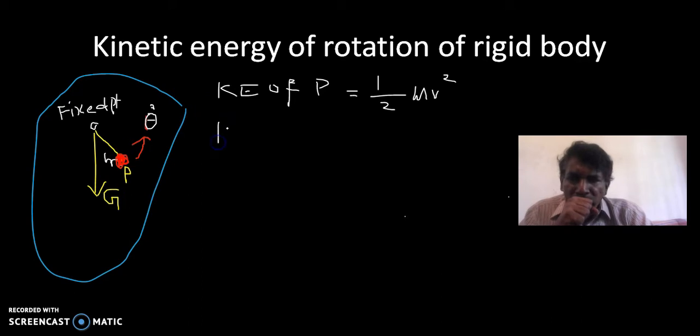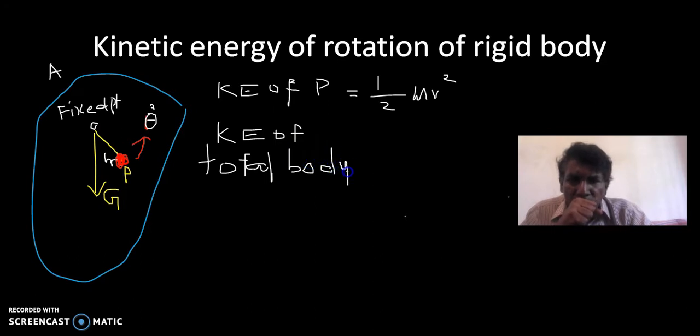Now what would be the kinetic energy of the body? The kinetic energy of the total body. The total body is what we are interested in. The kinetic energy of the total body would be equal to the summation of 1 by 2 into m into v square.